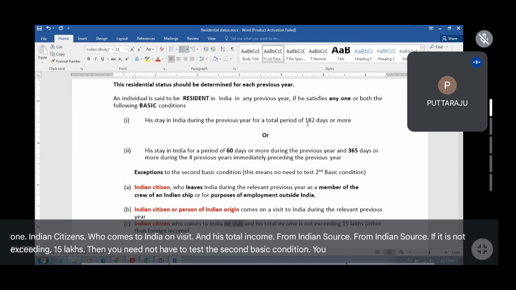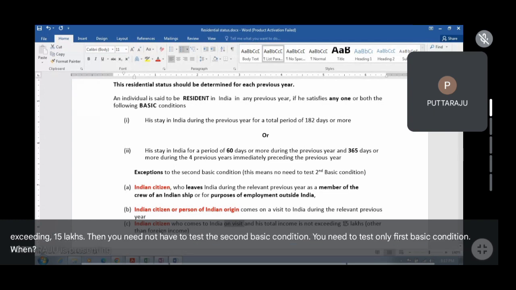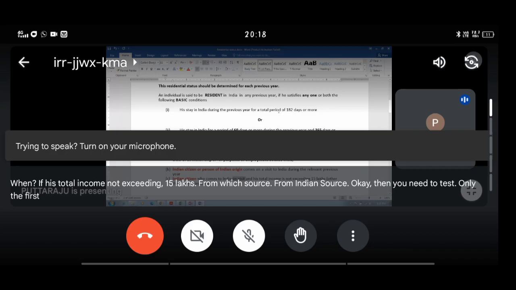You need to test only the first basic condition. When? If his total income is not exceeding 15 lakhs. From which source? From Indian source. Okay, then you need to test only the first basic condition.